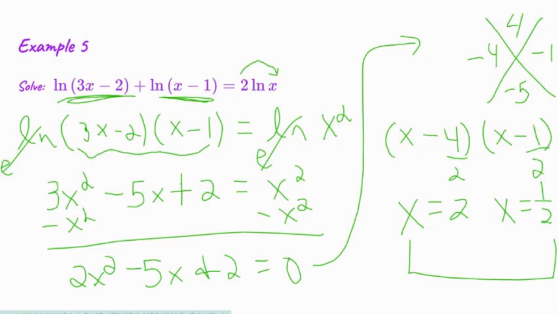So we have the logarithm of 4, and then we've got the logarithm of 4 on this side. So that's good. And then 1/2. The problem we run into with 1/2 is that 1/2 minus 1 is negative. And again, logarithms cannot have a negative argument, so we want to get rid of that one. That's an extraneous solution, something that we picked up along the way.